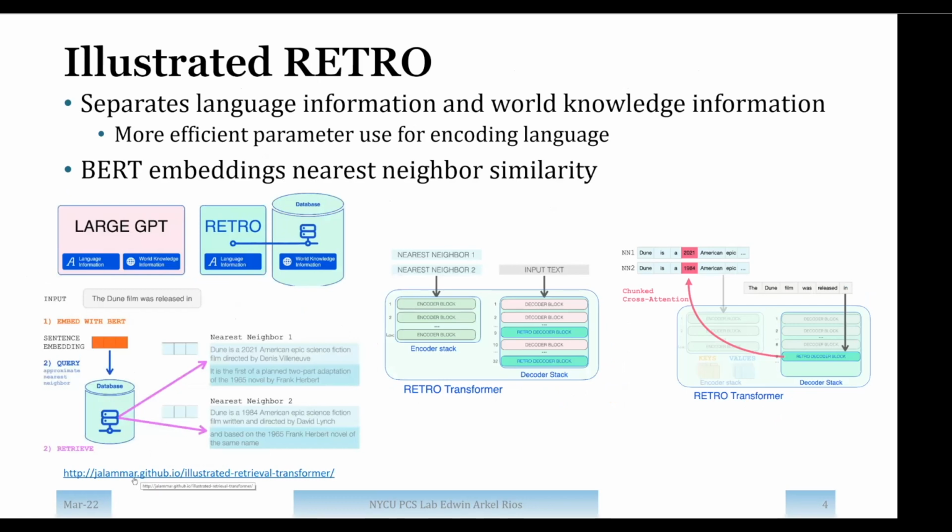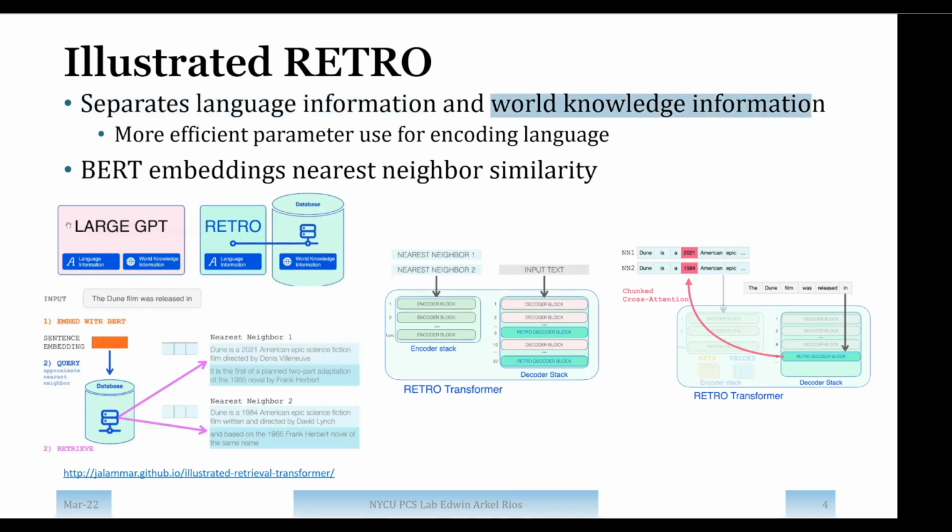These are some slides, and I include the link here. It's a blog post called The Illustrated RETRO, and I think the main idea is that this kind of model actually separates the language information from the world knowledge information.